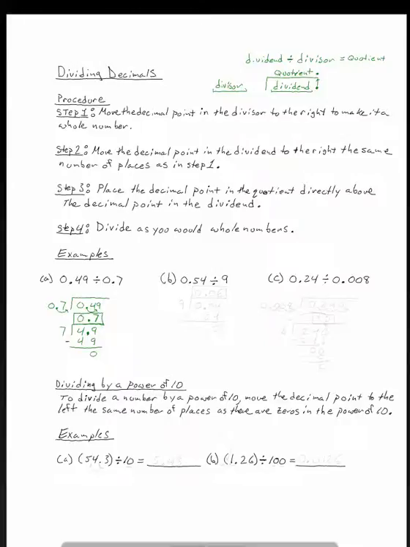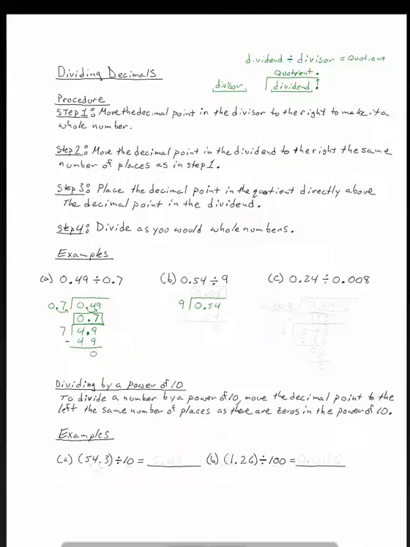In example B, we have 0.54 divided by 9. So that's 0.54 divided by 9. Notice that there is no decimal in the divisor, so we don't have to move the decimal point in the dividend. It stays right where it is.